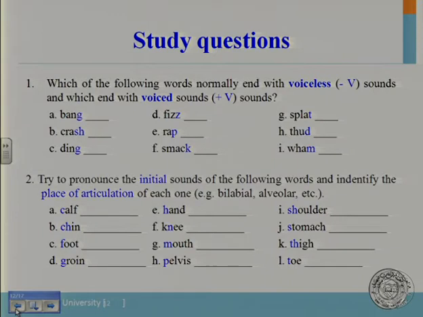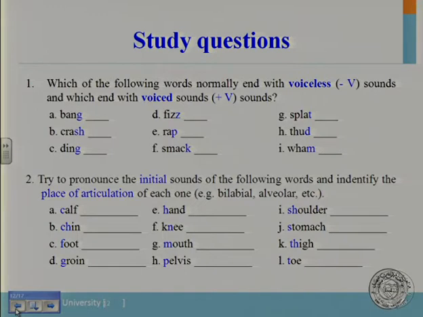Now, question number one, please pay attention. Which of the following words normally end with voiceless sounds, and which end with voiced sounds?